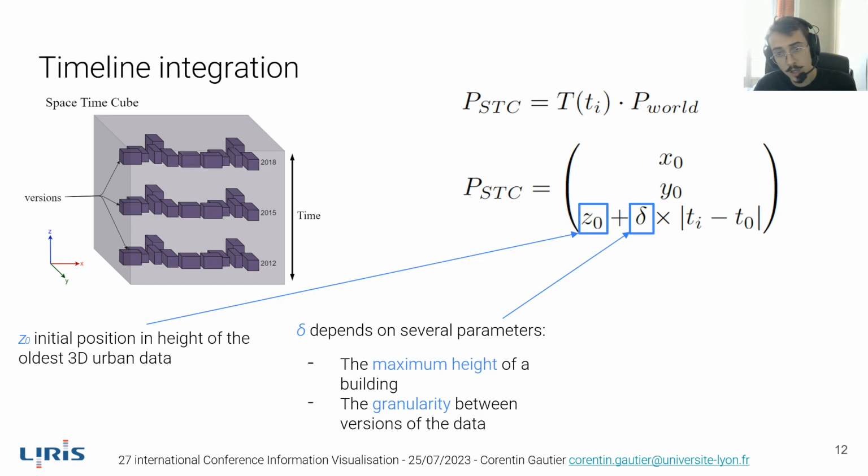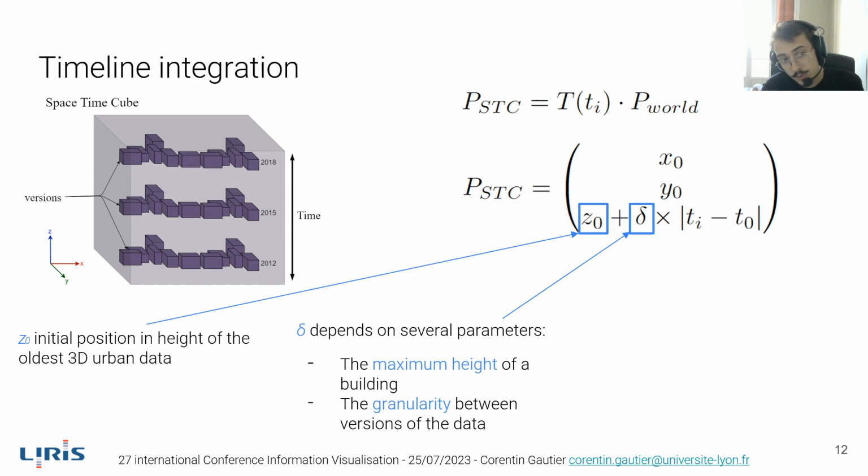For example, we add this coefficient because if you have some skyscrapers in your version of the data, maybe the skyscrapers will be superimposed with the new one on the top of your actual version of the data.